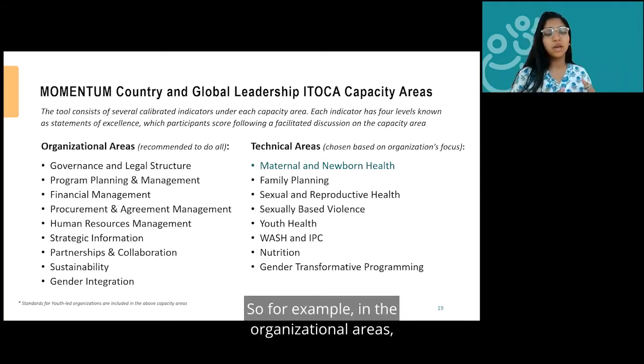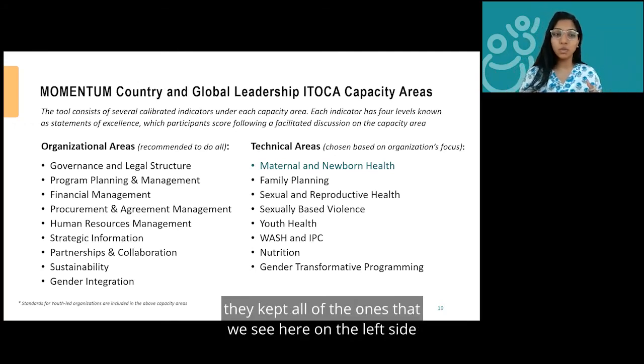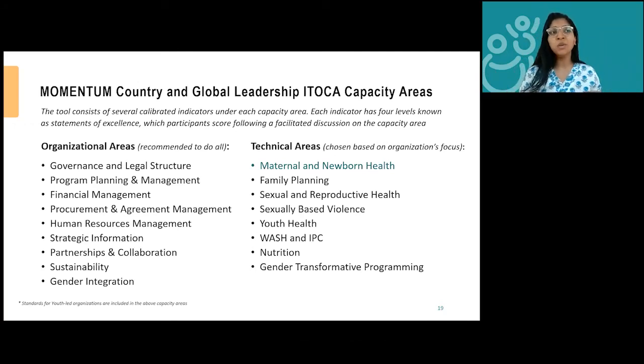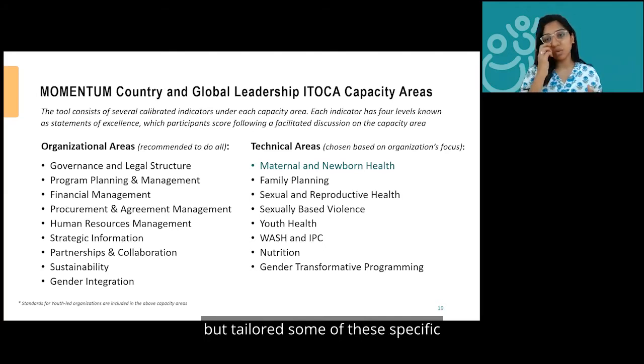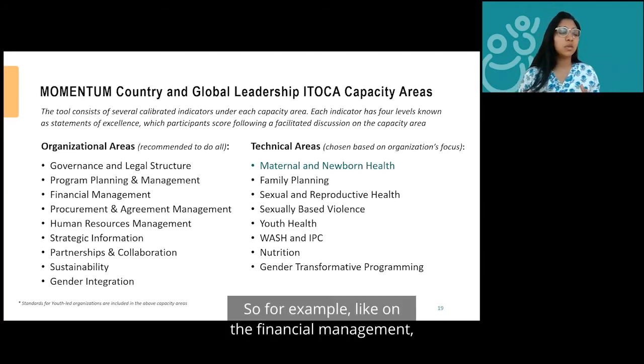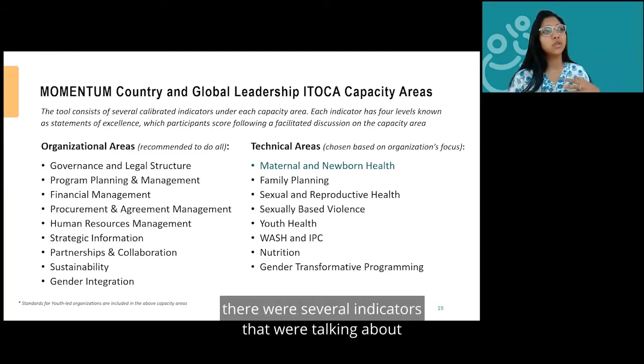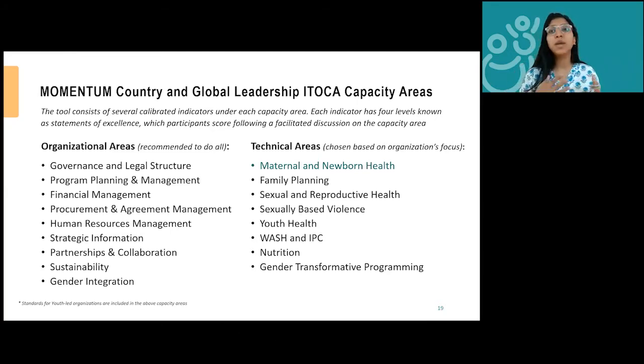So for example, in the organizational areas, they kept all of the ones that we see here on the left side, but tailored some of the specific indicators or statements. For example, under financial management, there were several indicators talking about payroll systems.